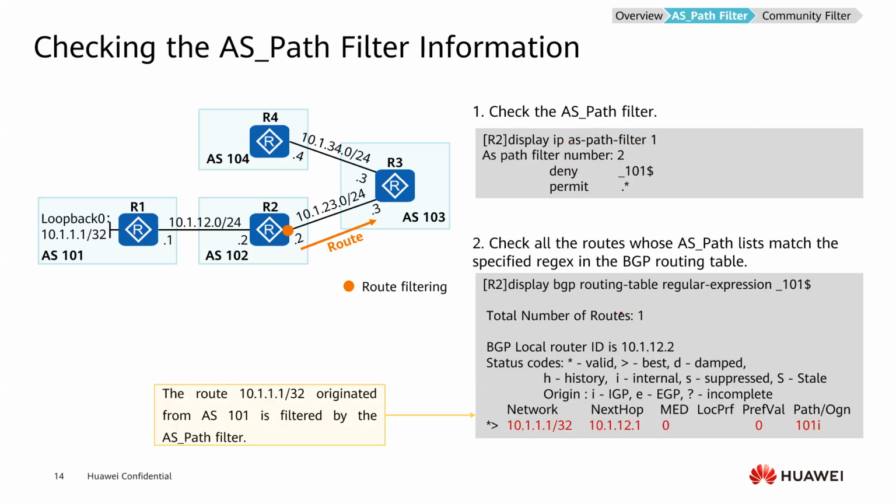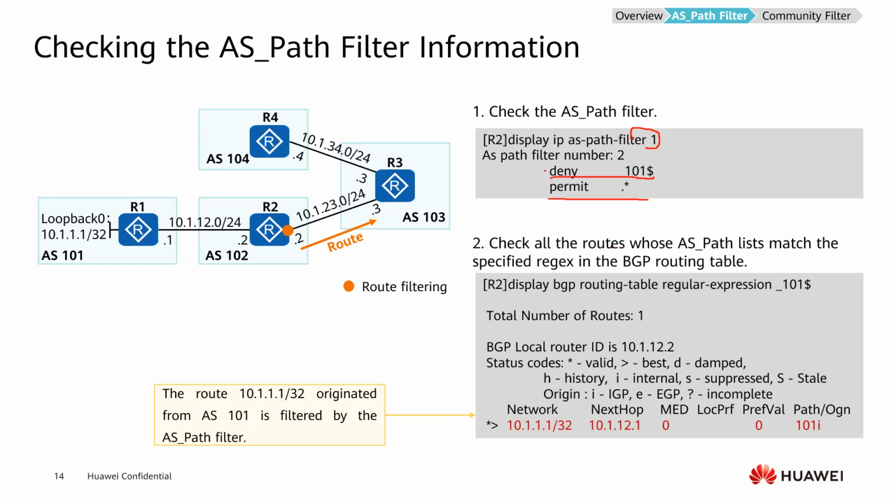Okay, this is the AS-path filter, and then you can check the information. First, you can check the AS-path filter on R2. You can display AS-path filter 1 that you just created. You have two rows: the first denies paths ending with 101, and the second permits any other AS path.